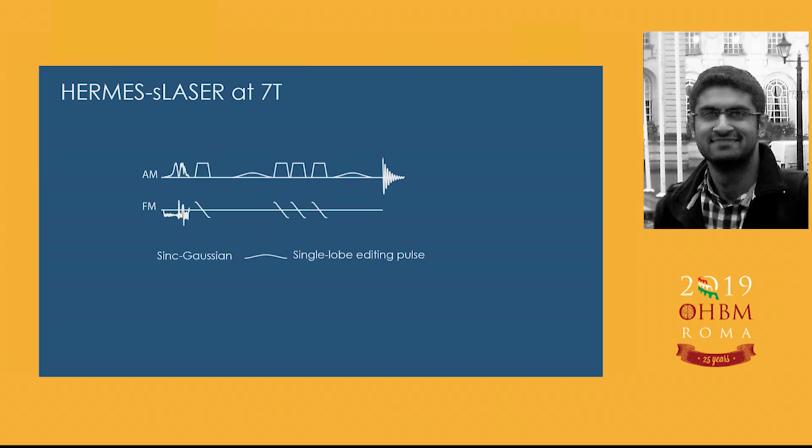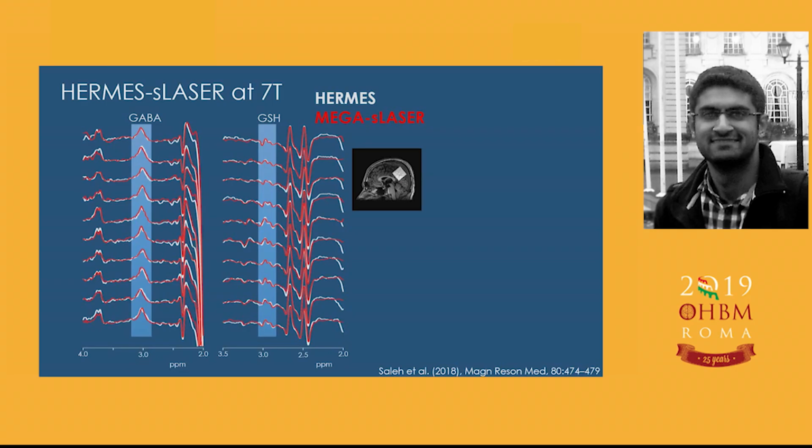If you include your editing pulses, you can perform MEGA editing using single lobe pulses, and if you include dual lobe editing pulses, you can perform HERMES editing. So this was applied in 10 healthy volunteers, and here we have the MEGA edited data overlaid with HERMES edited data. You can see, just like at 3 Tesla, in terms of signal line width, pattern and amplitude, the 2 edited spectra agree with each other.